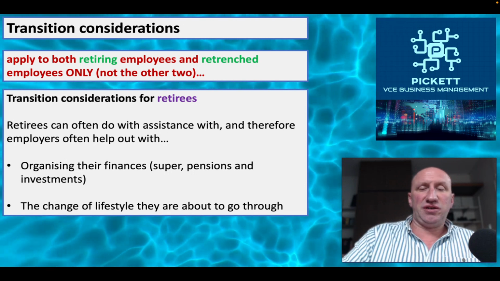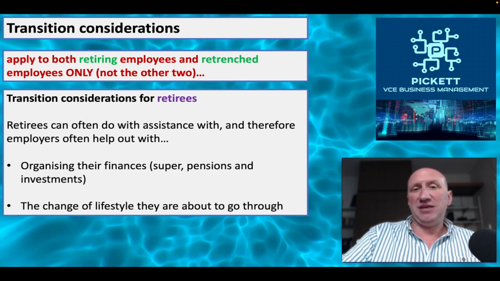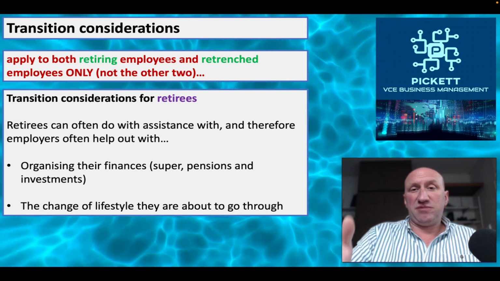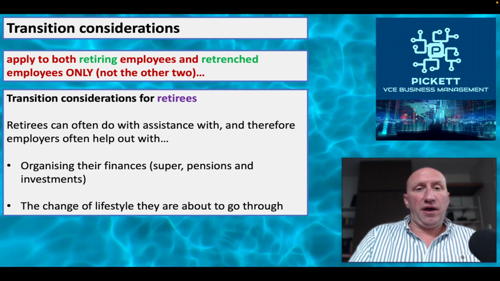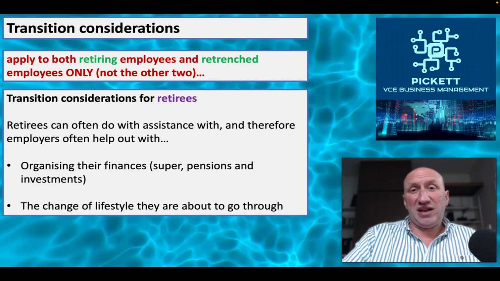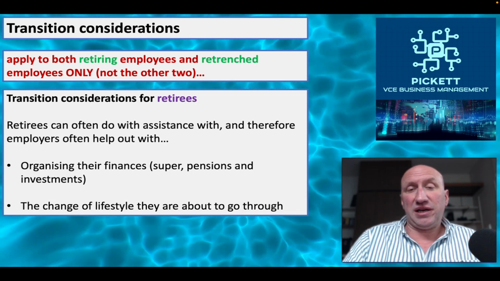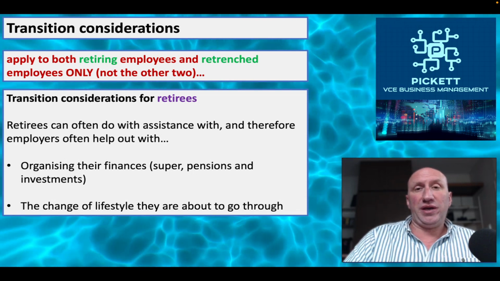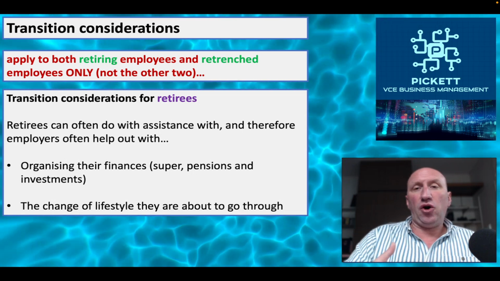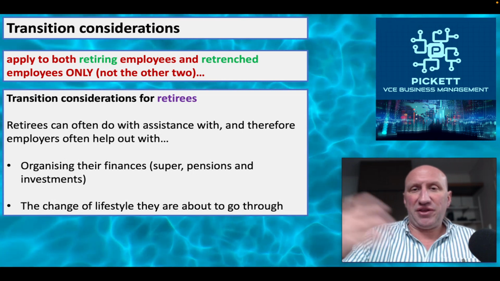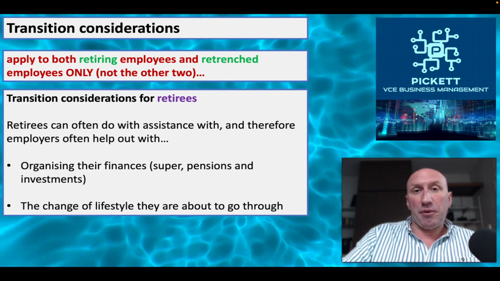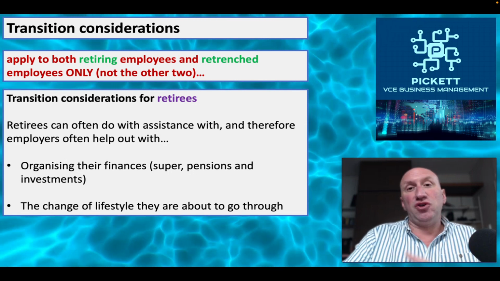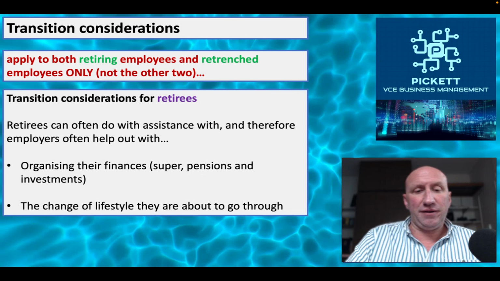It's a transition consideration, because as a business, you don't have to do it. There's potentially a cost to you in providing it. If you're going to put them in touch with a financial advisor, those guys are not particularly cheap. So there's going to be a cost to you, but you're doing it because it's the right thing to do, and you're demonstrating social responsibility by offering that service to the retiring employee.